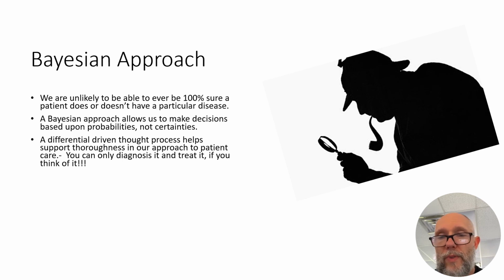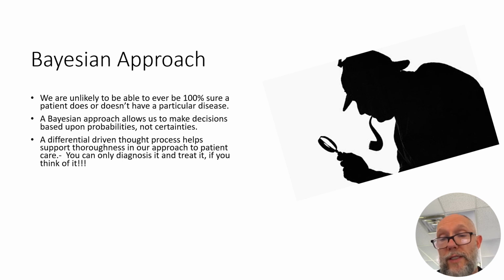Because there are only so many symptoms, and because they're widely shared across many disease processes, we're unlikely to ever be 100% sure that our patient does or doesn't have a particular disease. It just doesn't work that way. You're always going to be practicing with probably at least a moderate to high degree of uncertainty on your way to figuring out what's wrong with your patient.